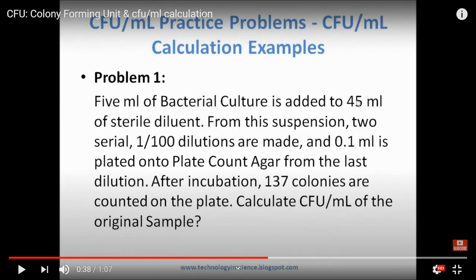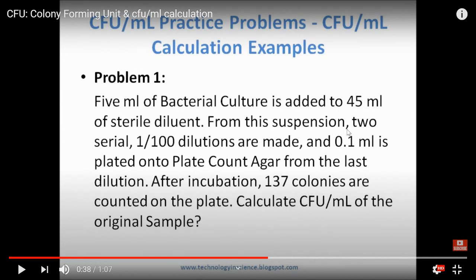We got 10 to the negative 1, and then 10 to the negative 2, and then 10 to the negative 2, and then 10 to the negative 1 again. So all that together: 1 plus 2 plus 2 plus 1 is 6. Right, 10 to the negative 6.